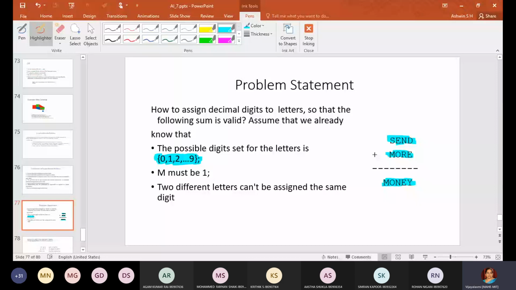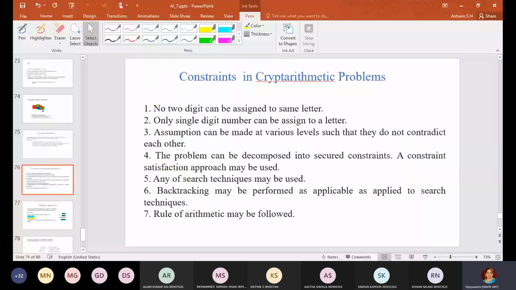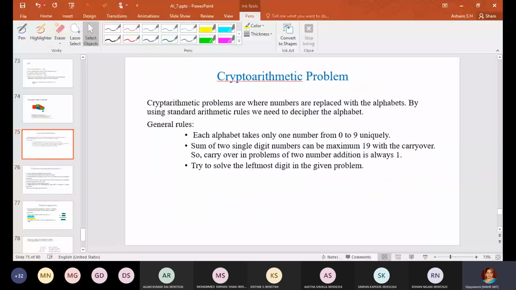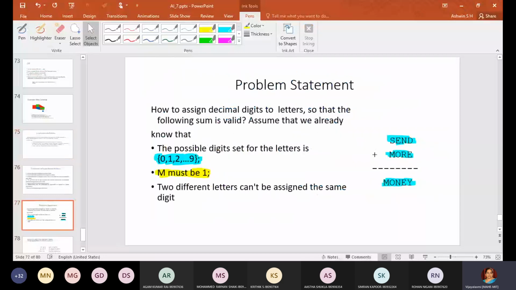This is the first step: M must be 1. Why M must be 1? We always start from the leftmost digit in the given problem. Here we have 4 letters, and of course the result has 5 letters.